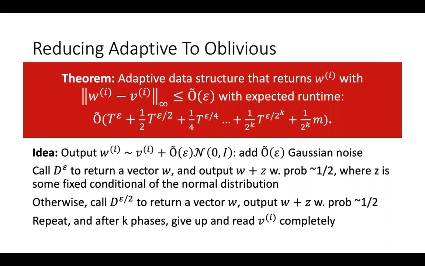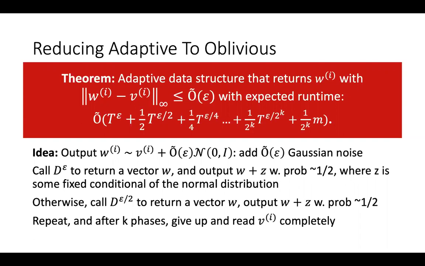And with about probability 1/2, we're going to output w plus z, where z is some conditional on the normal distribution. Otherwise, we're going to call D epsilon over 2 to return some new vector w, which is closer now, and then we'll output w plus z, where z is some new conditional with probability 1/2, etc. You can keep repeating this, and then after k phases, we'll give up and read v_i completely.